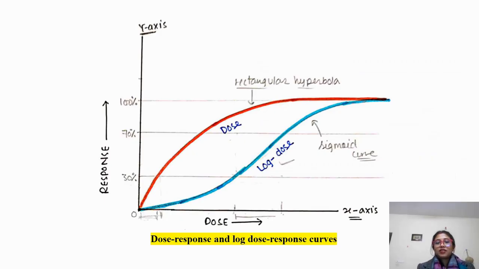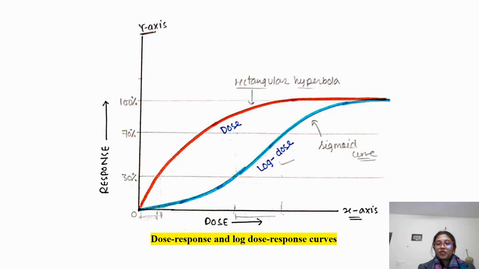This is the graph where we can see the dose-response and log dose-response curves, where the y-axis stands for response and the x-axis represents the dose. With dose, the responses will change. Here we can see there are two curves.